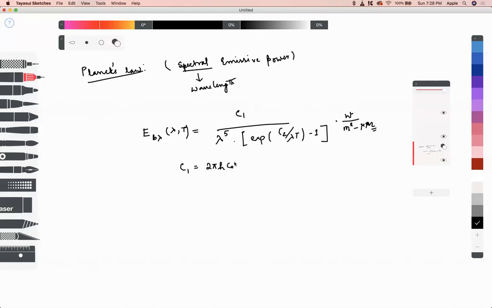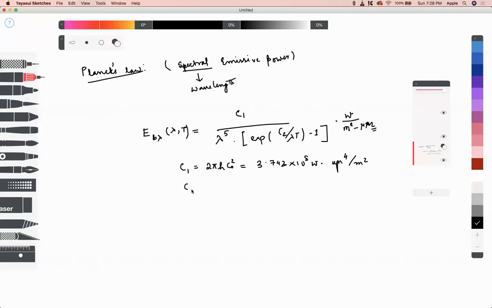And C naught is the velocity of light, so C1 involves C naught squared, and it comes to around 3.742 into 10 raised to 8 watt micrometer to the power 4 per meter square.